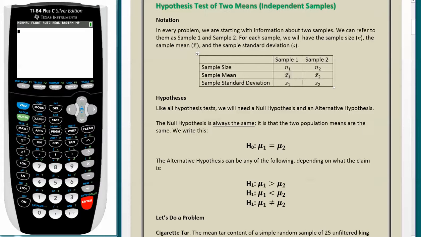So x bar is the sample mean, mu is the population mean. But x bar 1 and mu1 relate to the same group, whatever it is. The only difference is this is a sample of that group and this is the population of that group. So again, H0 is always the same: mu1 equals mu2. The alternative hypothesis can be any of the following depending on what the claim is: mu1 is greater than mu2, mu1 is less than mu2, or mu1 does not equal mu2.